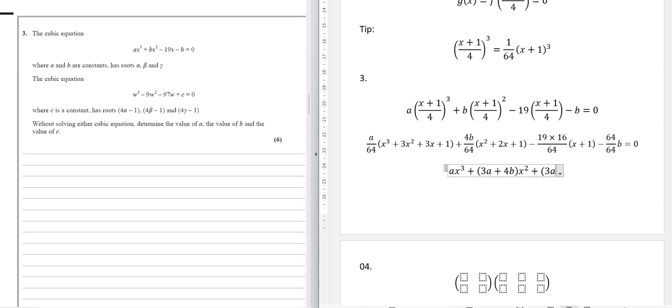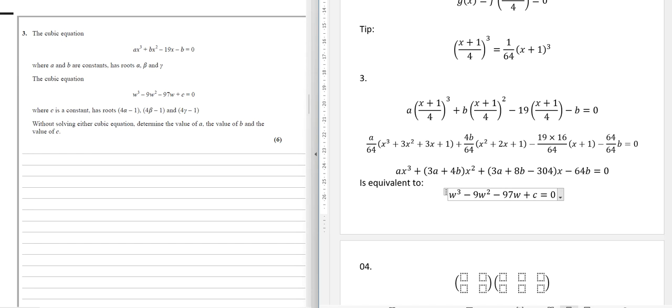We have 3a x's plus 8b x's minus 304 x's, and then finally minus 64b equals 0. And that, I've been told, is equivalent to w cubed minus 9w squared minus 97w plus c equals 0.